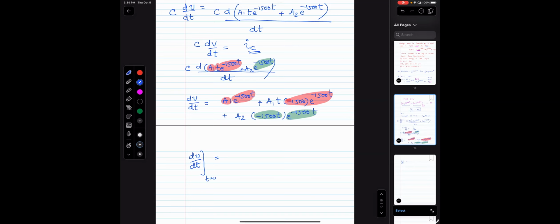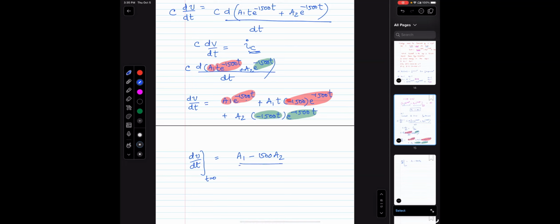At t equals 0, dV by dt should be A1 e to the negative 1500 t, which is A1, plus A1 times 0. If you simplify this equation, you should get A1 minus 1500 A2.